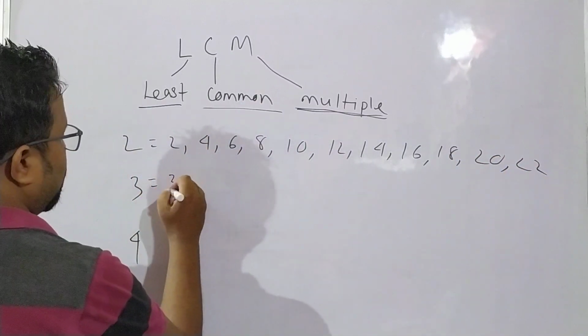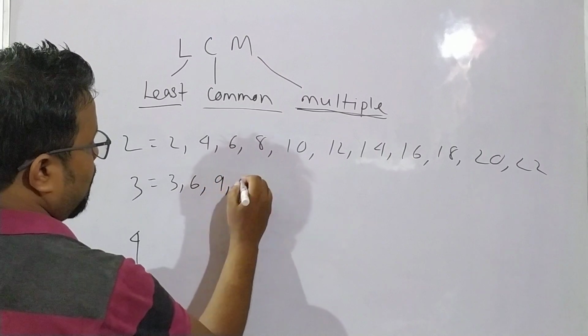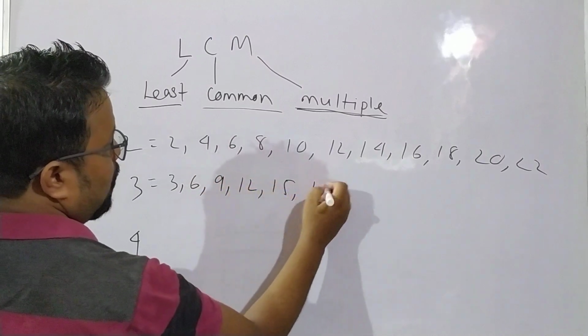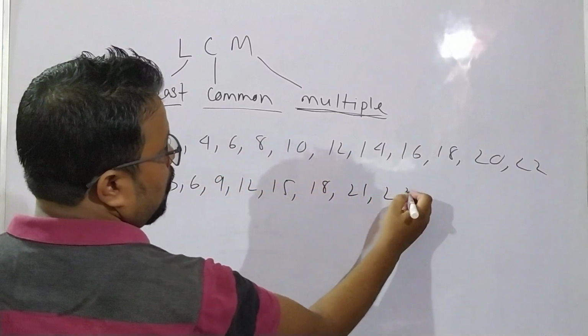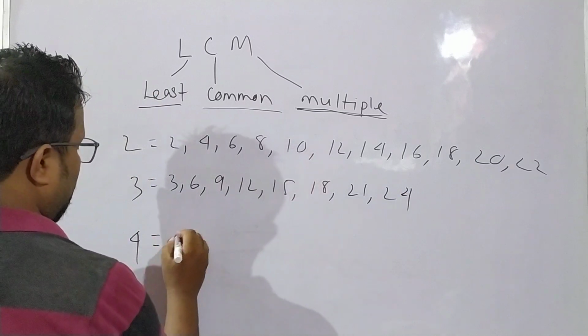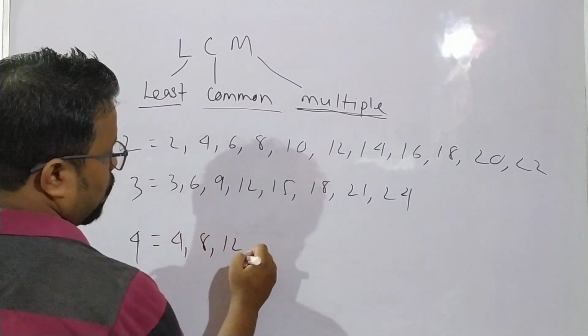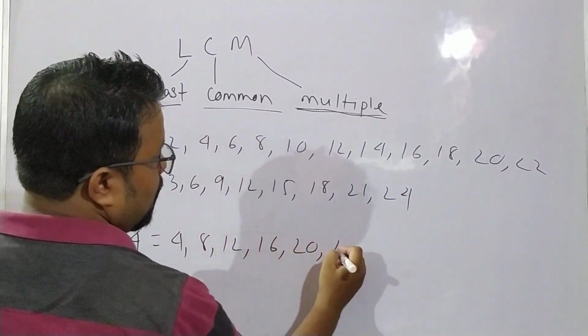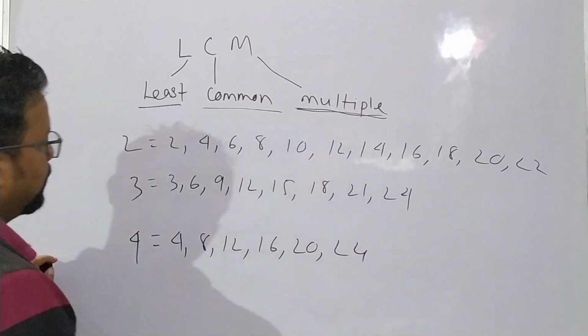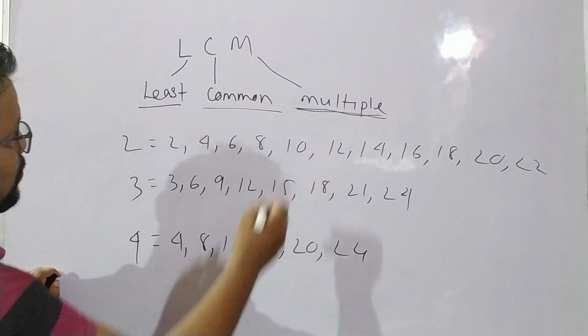Again 3: 3, 6, 9, 12, 15, 18, 21, 24. And 4: 4, 8, 12, 16, 20, 24. So first I got the multiples.